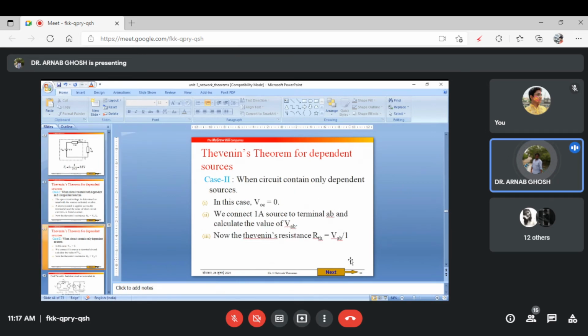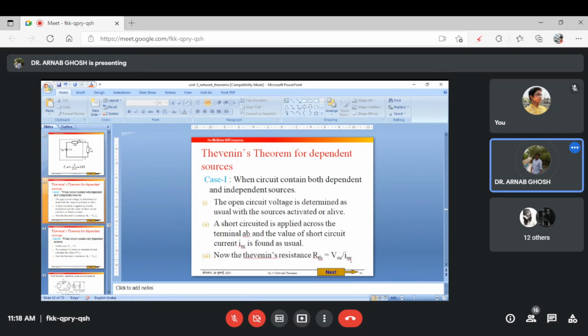But when you have only dependent sources, in this case your VOC will be 0. So what we do, we connect a 1 ampere source to this terminal and calculate the value of VAB. Please keep the steps in mind. First, when the circuit consists of both dependent and independent sources, you simply calculate the open circuit voltage by the previous method.